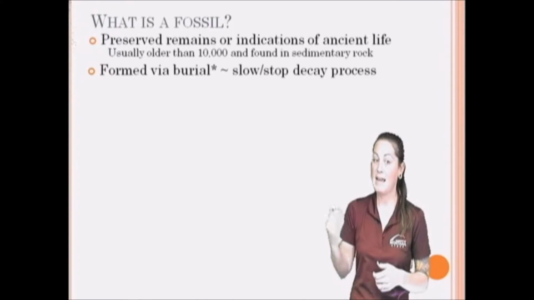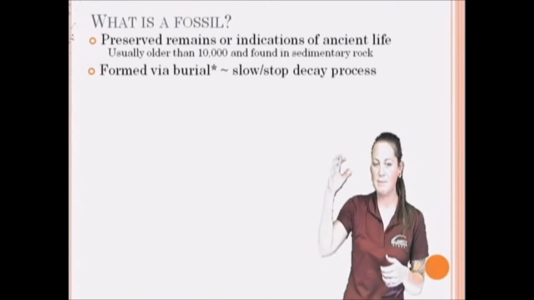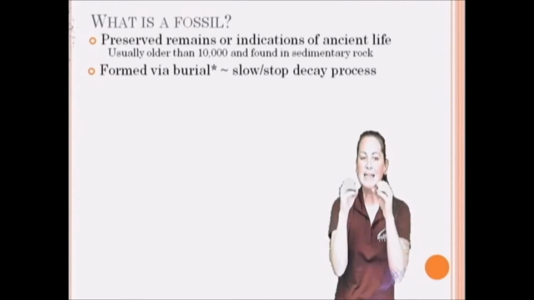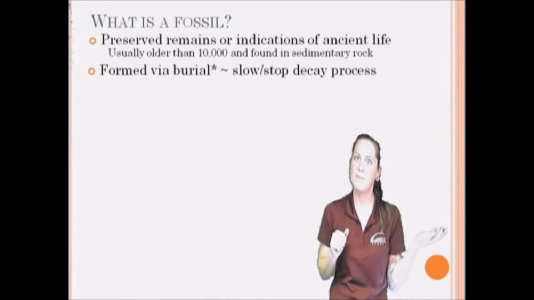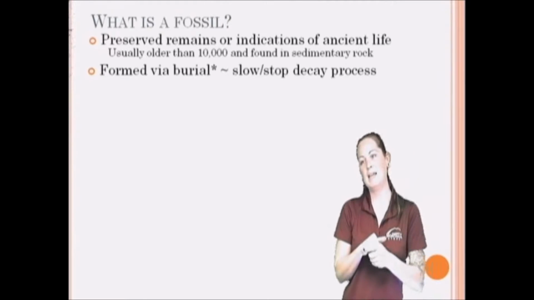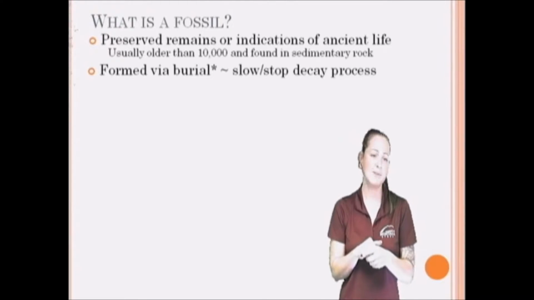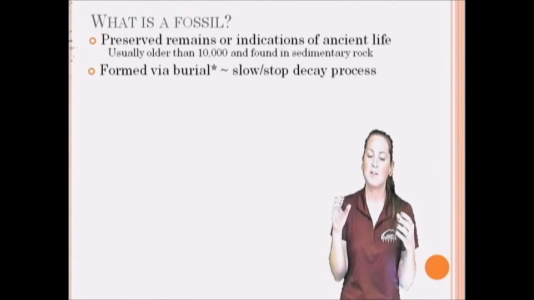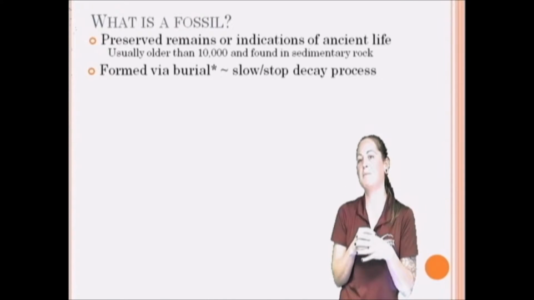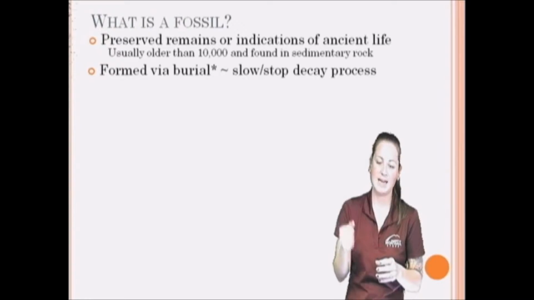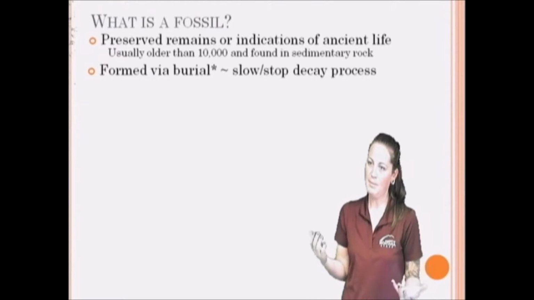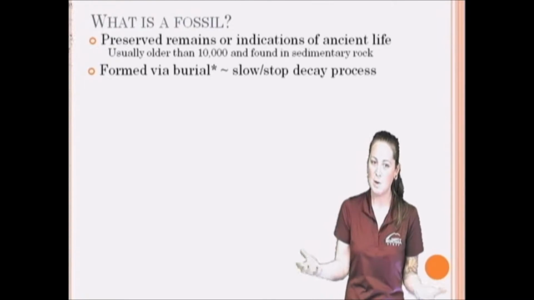We can also have amber, so pine sap encapsulating a little insect. I just saw a manuscript that came out last month that they've actually found lizards inside of amber. So very rarely does anything vertebrate preserve in amber. And then you can also have the permafrost in Siberia, so a frozen fossil.